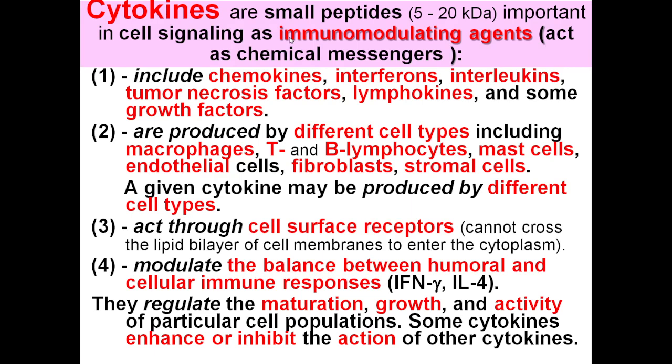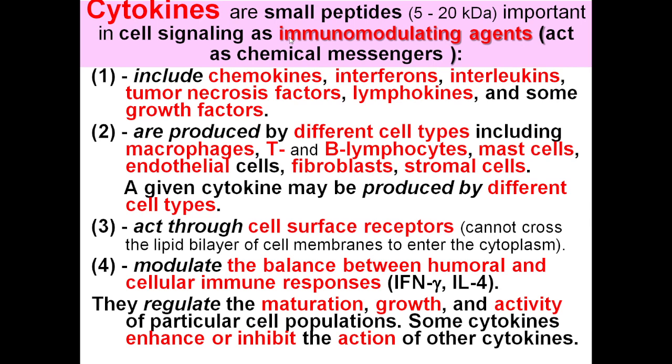Interferon gamma produced by T helper type 1 creates a signal inhibiting maturation of naive cells to the T helpers type 0, naive T helper cells.